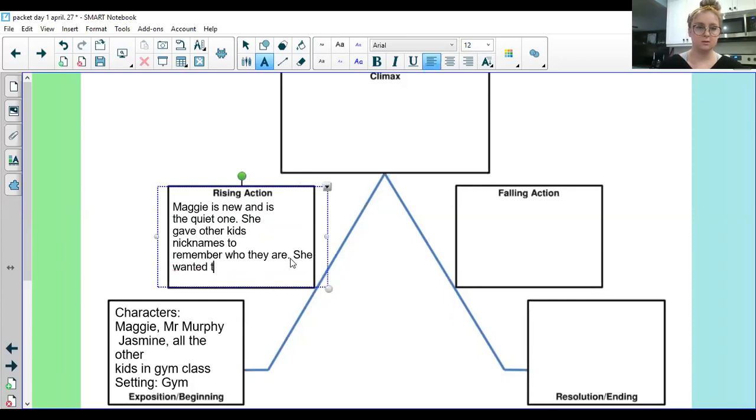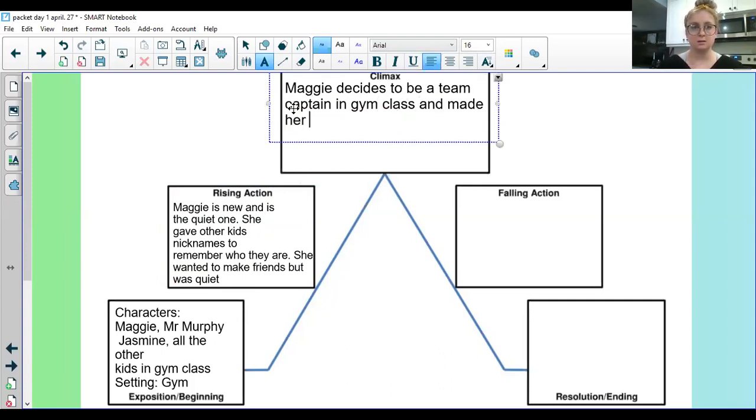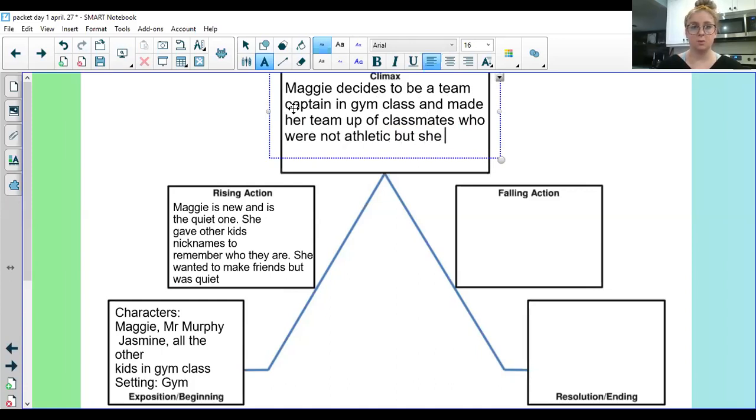She wanted to make friends, but was quiet. Our climax would be that Maggie decides to be a team captain in gym class, and made her team up of classmates who were not athletic, but she wanted to be friends with.